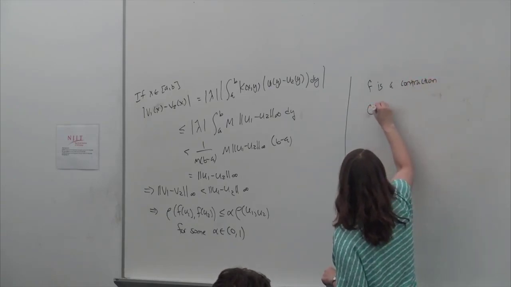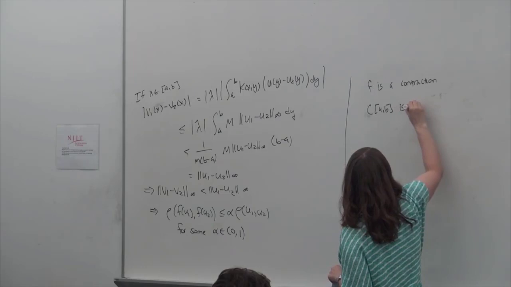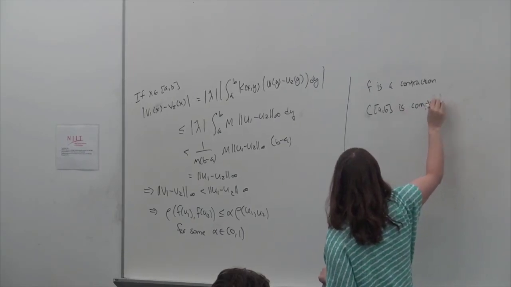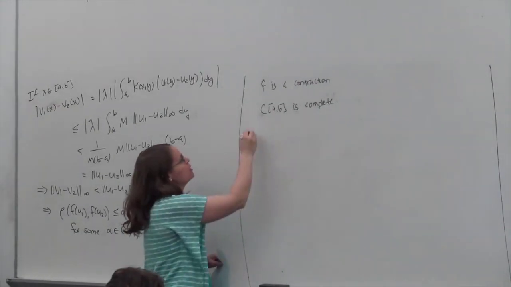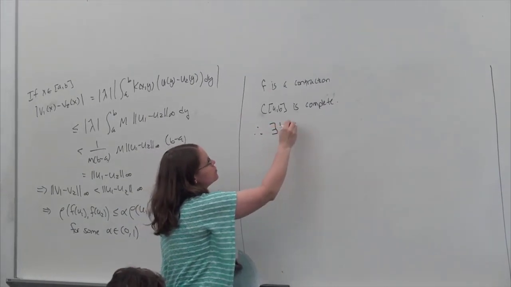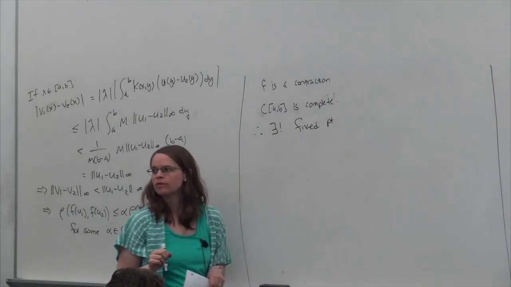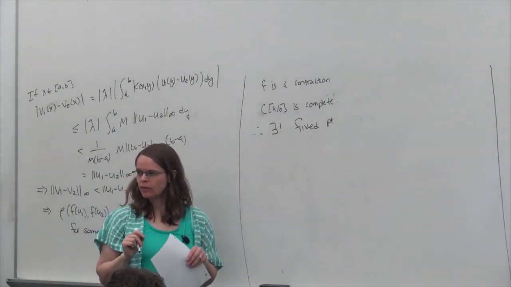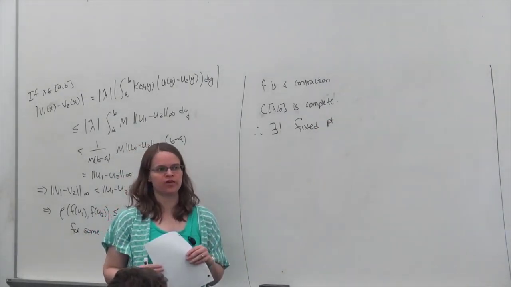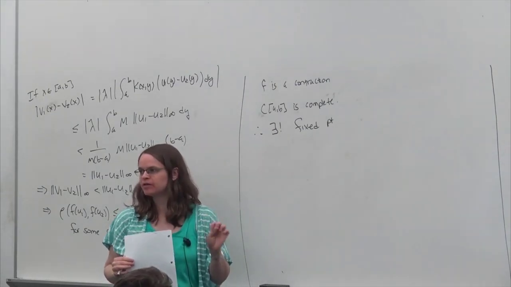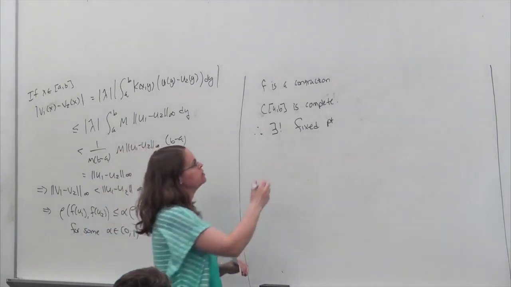All right, CAB is complete. And that means we know there exists a unique fixed point. And we set the problem up so being a fixed point is equivalent to being a solution to the integral equation.